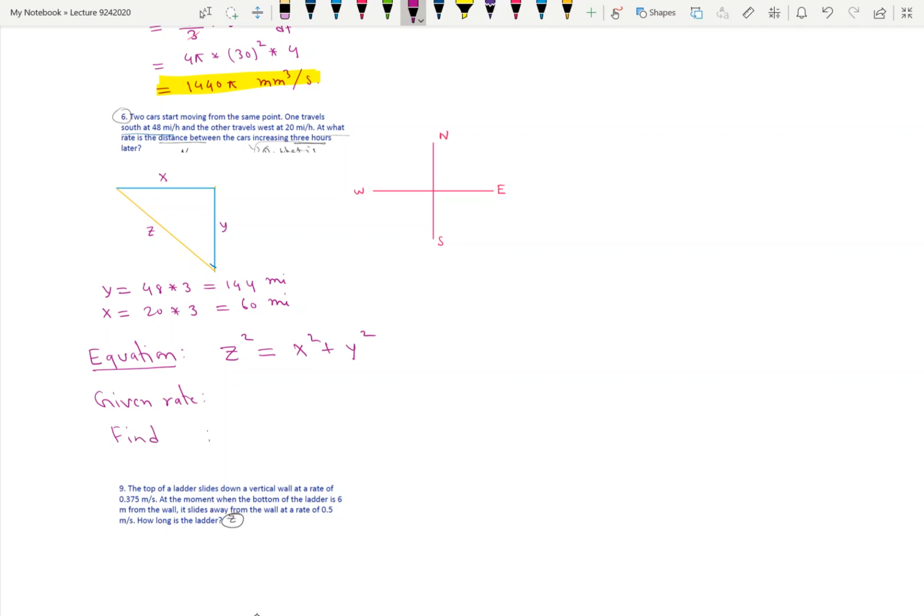So given rate south, dy over dt is 48 miles per hour, and dx over dt is 20 miles per hour. We need to find dz over dt when, after how many hours? 3 hours. So t equals 3.